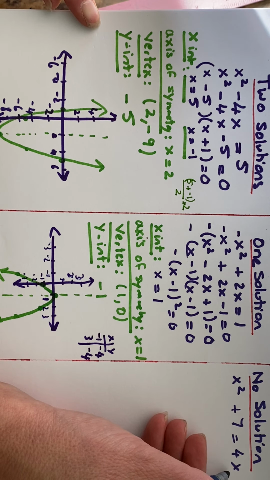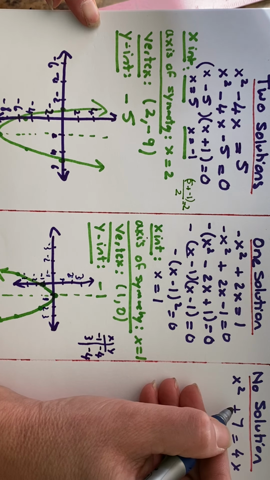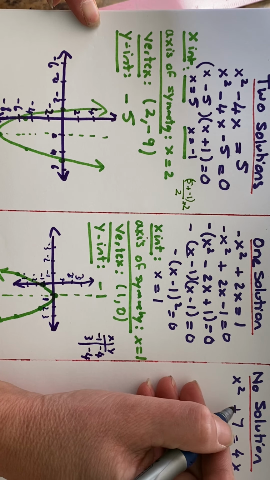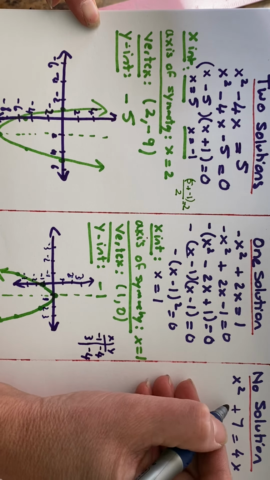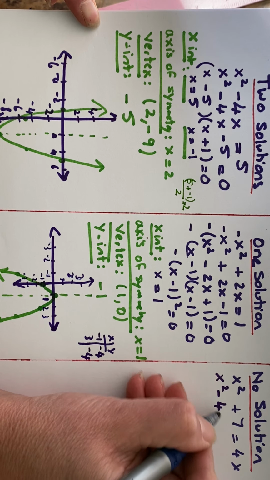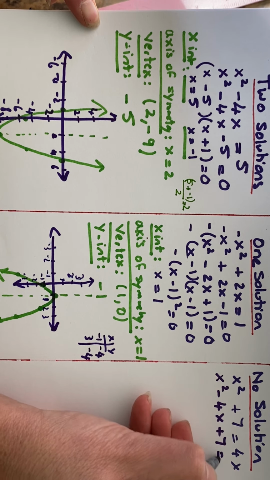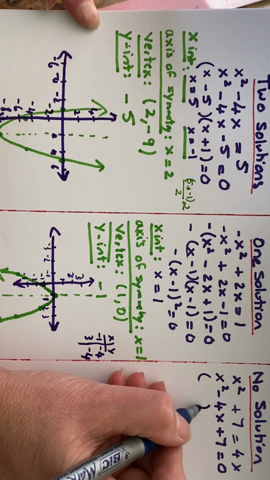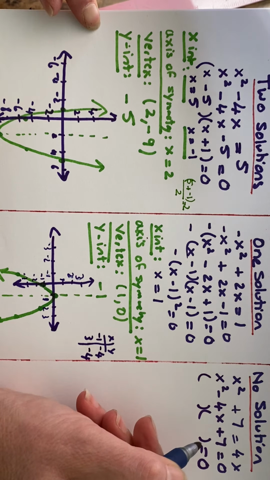So I'm going to take this 4x and move it over to this side, right? Subtract 4x from this end, subtract from this end, but I'm going to put it where it belongs, between the x squared and the 7. And now I'm going to sit there and look at it and see, can I factor this?